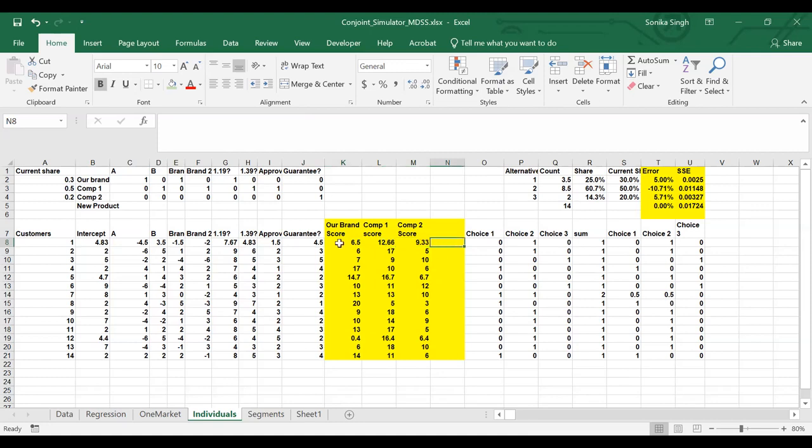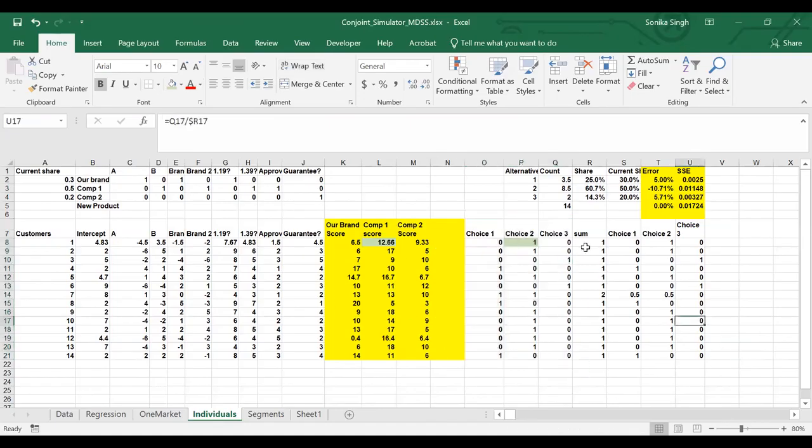Once you have calculated this overall utility score, now you can predict the choice. Here the utility is highest for option 2, and that is why you will notice that the best choice this consumer is likely to choose is choice 2, that is this particular design. And so you can construct their choices like this based on the utility scores.